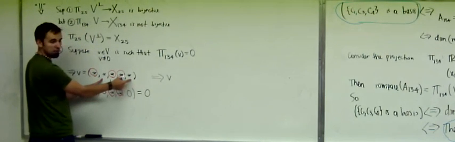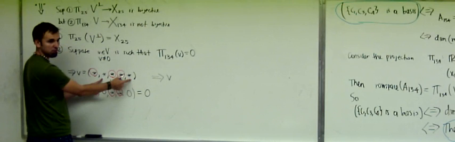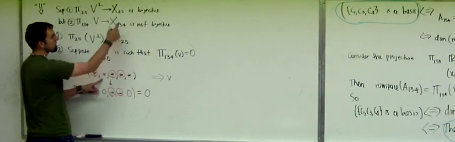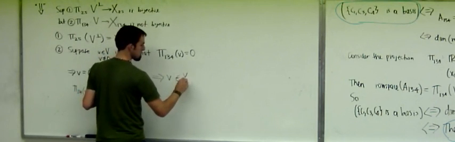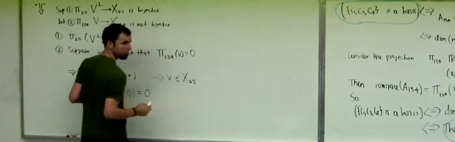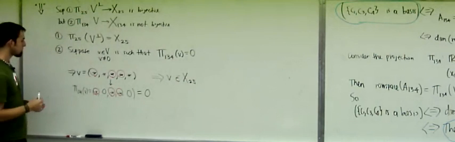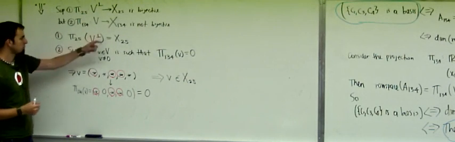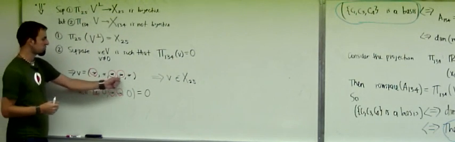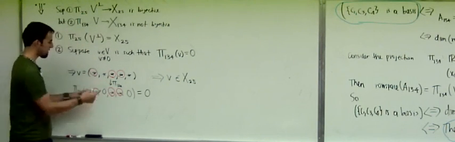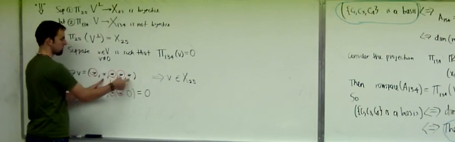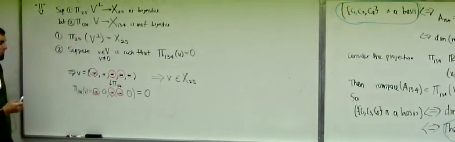But what are the things that have non-zero coordinates only at 2 and 5? They're exactly X_2,5. The things that project to 0 under this projection map pi 1, 3, 4 are exactly the things that have zeros here. So V is in X_2,5.